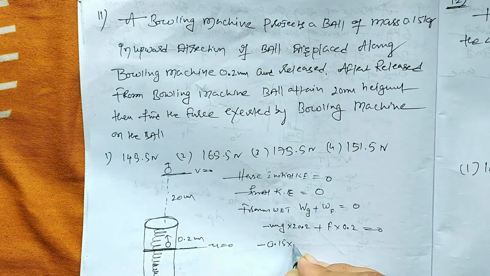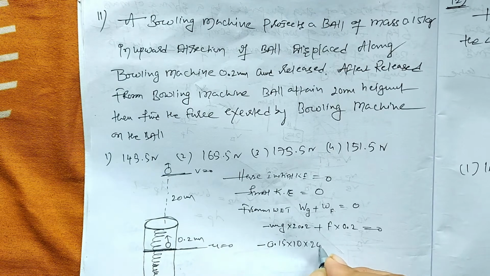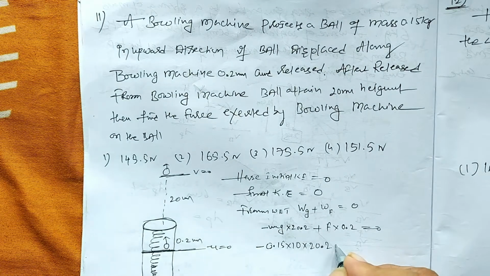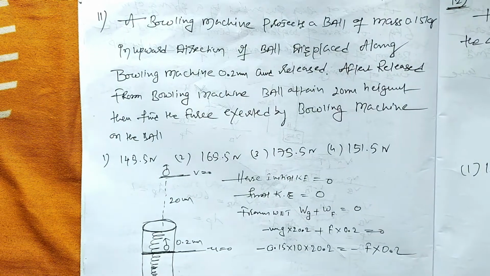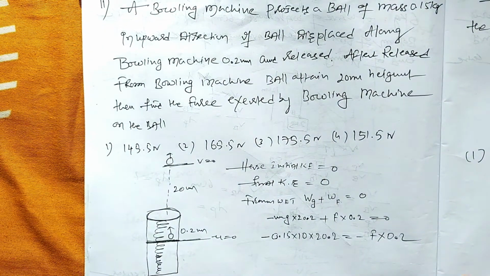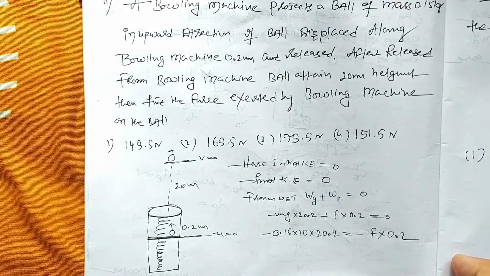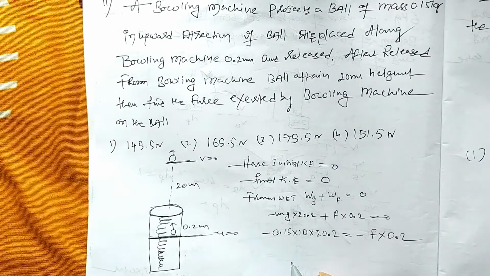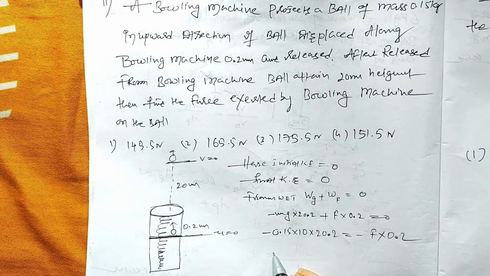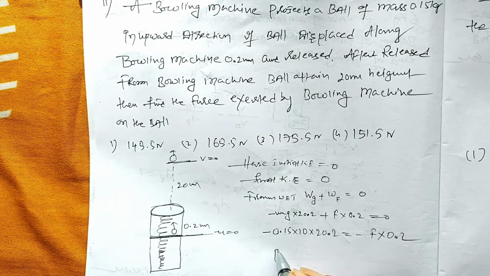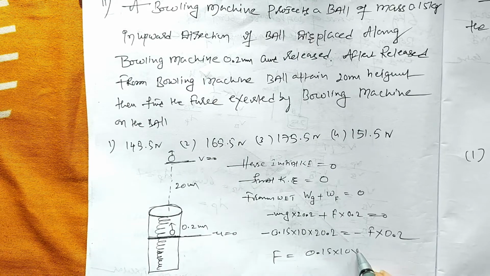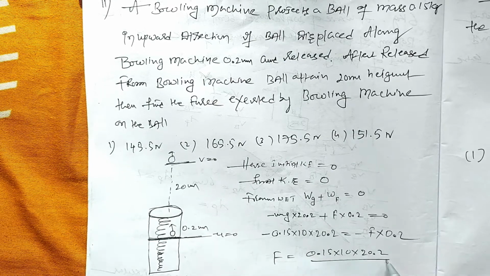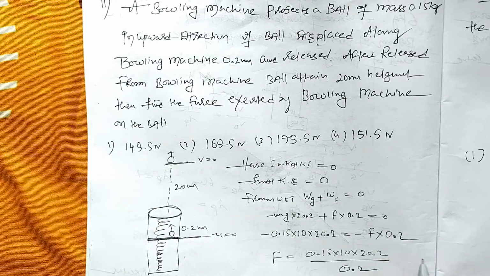0.15 into g value 10 into 20.2 is equal to minus F into 0.2. We want to find out F. So F is equal to 0.15 into 10 into 20.2 divided by 0.2.